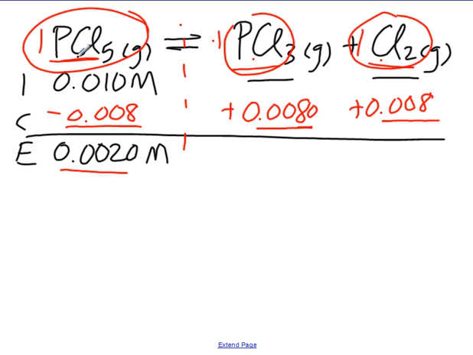So what we look at for the changes are the coefficients, the ratio. Think about a pen with a cap on it. One pen with a cap on it can break into a lid and the pen without a cap. You can get two pieces from the one pen, right? That's basically what we're doing here. One PCl5 is breaking apart into one PCl3 and one Cl2.